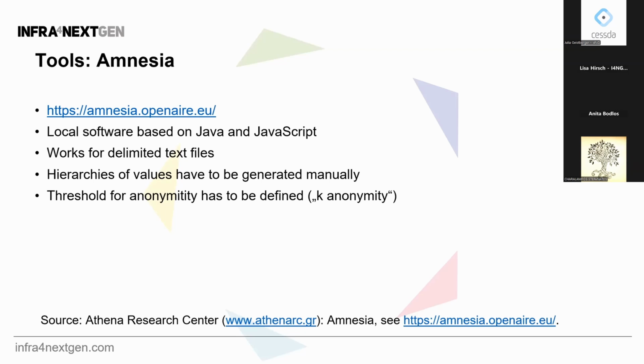And then the software assists you by anonymizing your data automatically according to a threshold that you have defined before. So how many observations you would like to have per combination of indirect identifiers.